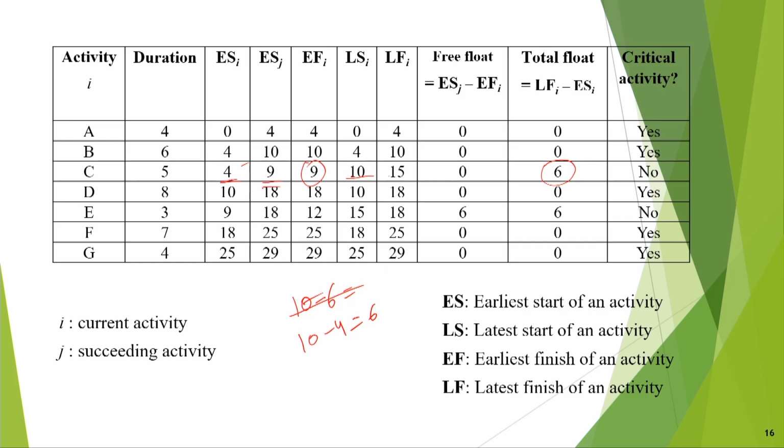Although there was some freedom, the free float will be ESJ minus EFI, that is, the earliest start of event J minus the earliest finish time of event I. Earliest finish can be 9, and earliest start can be 9. So 9 minus 9 is 0. Therefore, here the free float is 0.